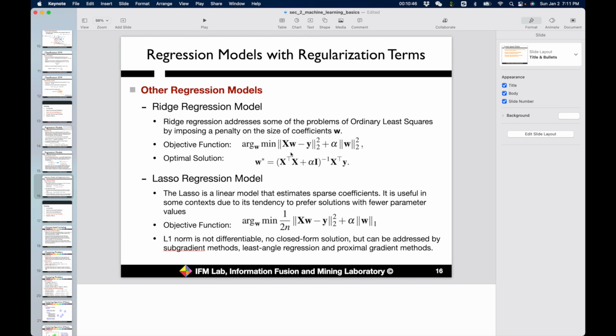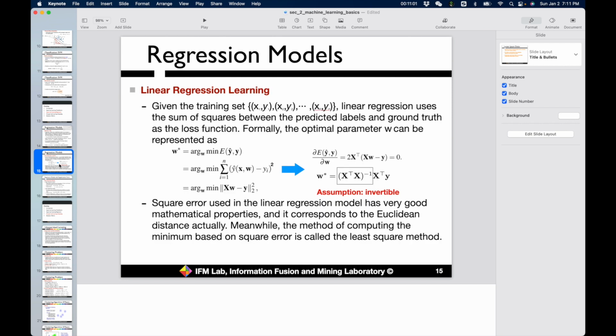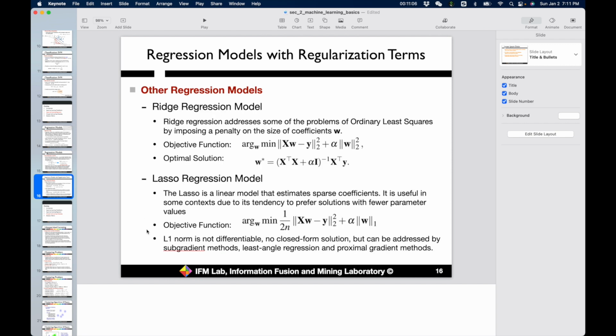The main difference is that it changes the loss function to be the mean square error. At the same time, the regularization term is based on the L1 norm. Here we have the L2 norm. For the linear regression, we have no norm at all, right? For Lasso, the L1 norm can ensure sparsity of the model in terms of parameters, so we can get sparse parameter coefficients for the model.